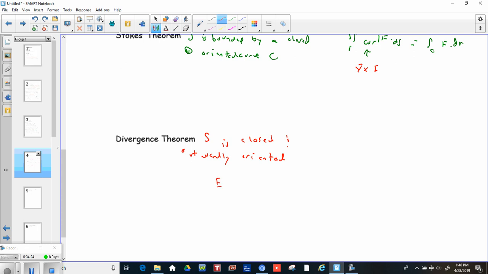And E is within S. If that's the case, then we can take the triple integral over E of the divergence of F dV, which is the same as the double integral over S of F dot dS. And don't forget that the divergence is defined as del dot F.